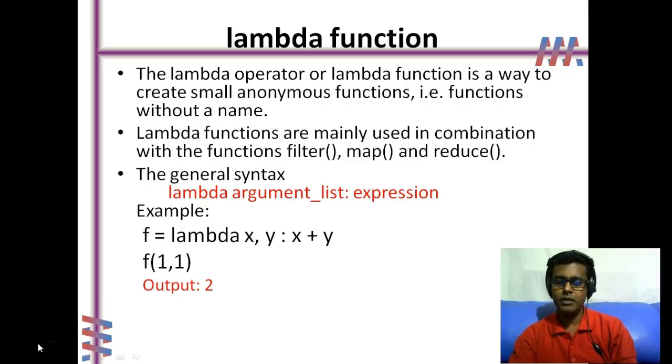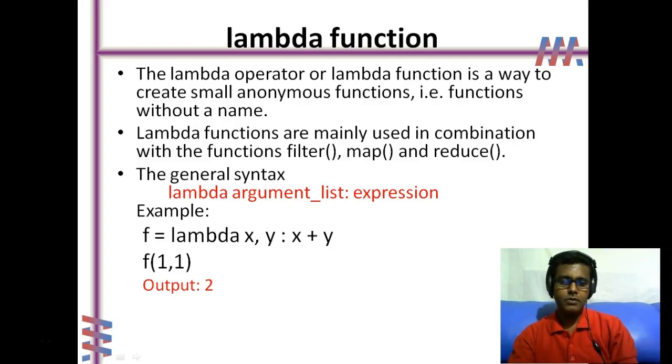The general syntax is the keyword lambda followed by an argument list separated by commas, then a colon, then the function definition, or it can be called an expression. These lambda functions are mainly used with the filter, map and reduce functions. Mostly it cannot be used independently.